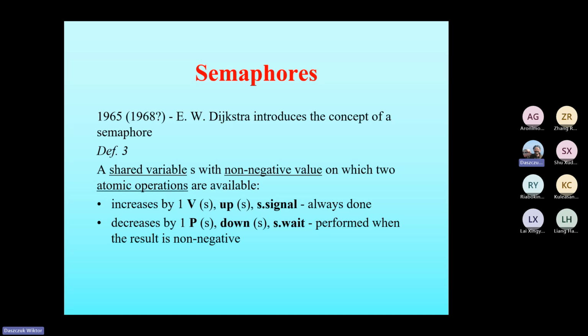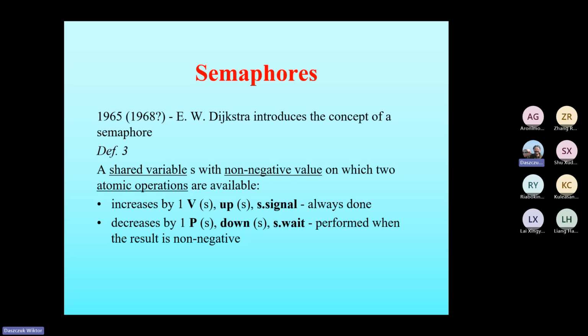So if we define that it is non-negative, then an attempt to decrease a value equal to 0 is ineffective because it moves us out of the scope of this data type, which must be non-negative.